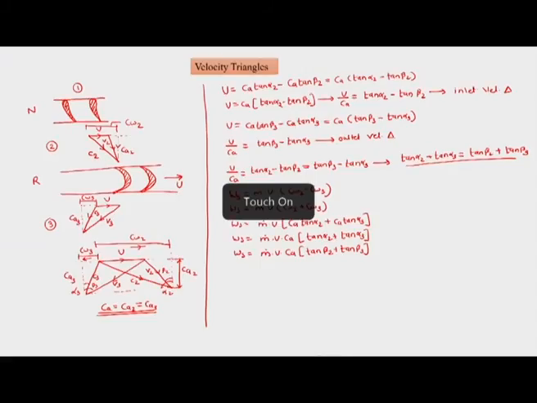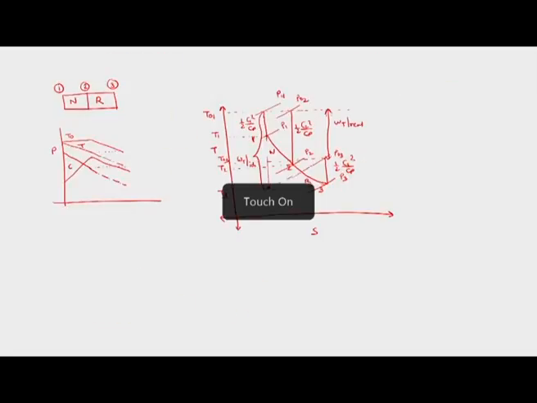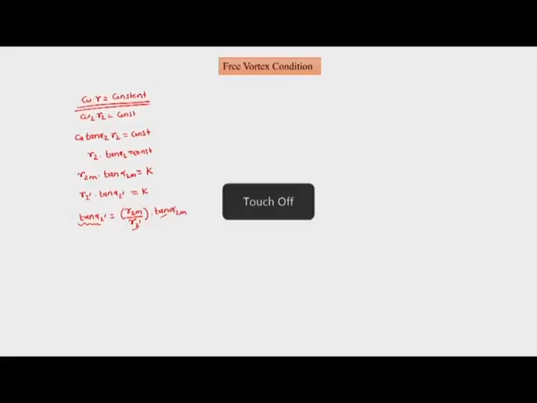But there is one more thing which we have derived, and that was tan of u upon Ca is equal to tan of alpha 2 minus tan of beta 2. So we can use this concept, and then we can find out beta 2 at some other radius as well.